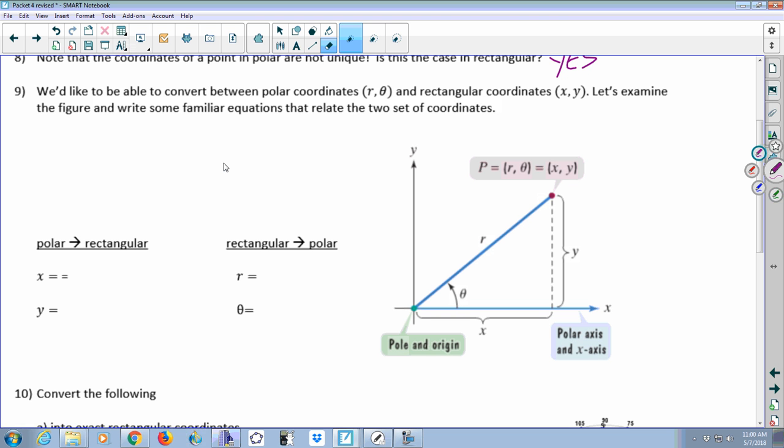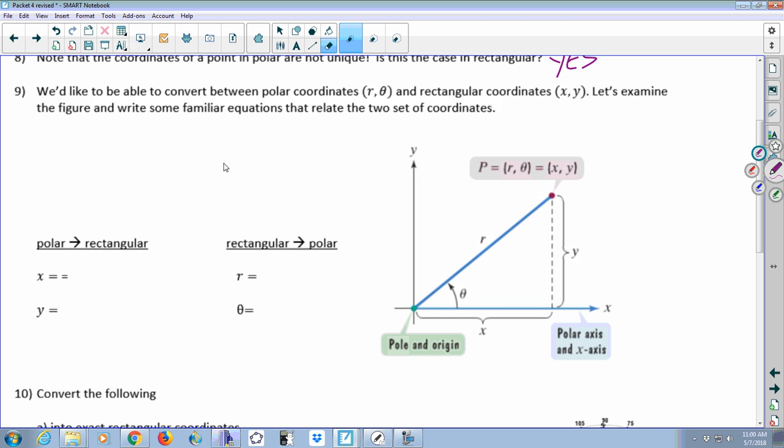So one of the basic things that we want to be able to do is to take polar coordinates and convert them to our Cartesian coordinate form, r theta to xy, and vice versa. So here's a diagram that shows both polar coordinates and Cartesian coordinates for a point with our famous right triangle that you've seen way back when we first started right triangle trig, section 5.5, which was, I don't know, years ago, probably.